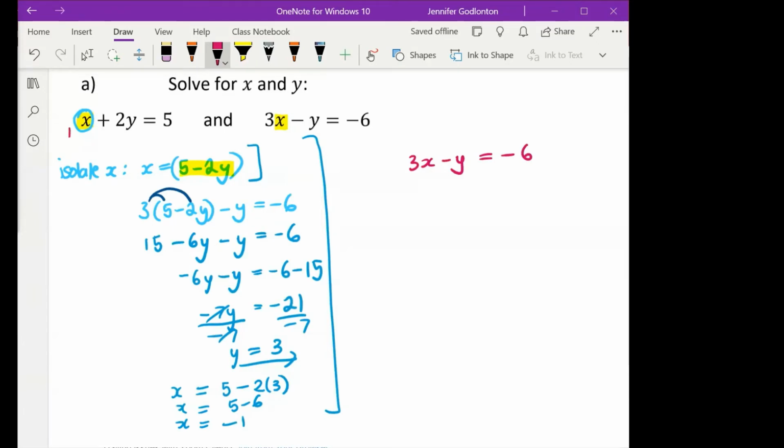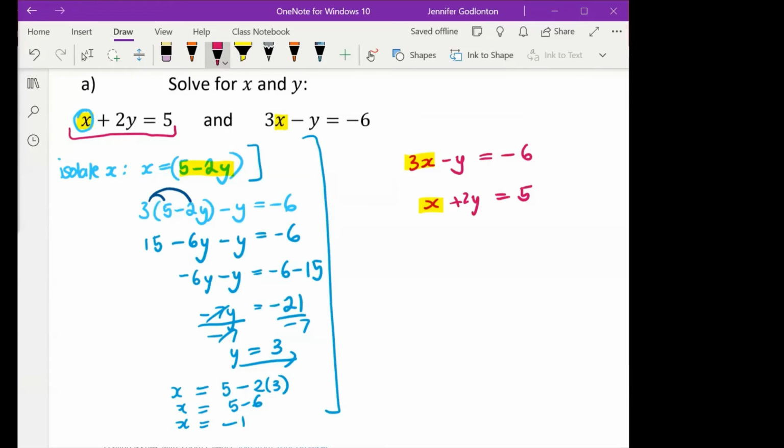And here I've got x plus 2y equals 5. And I need that x to be a 3x. Okay, and you can see that these are not the same as each other, and my y's are not the same as each other, which means I can't just minus them. I won't get 0. And the whole purpose of an elimination is to get 0.